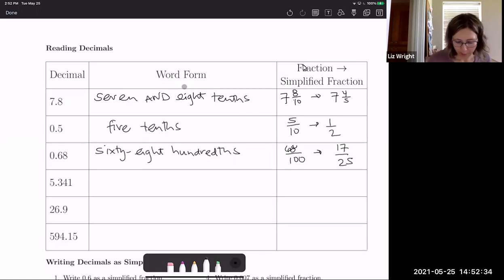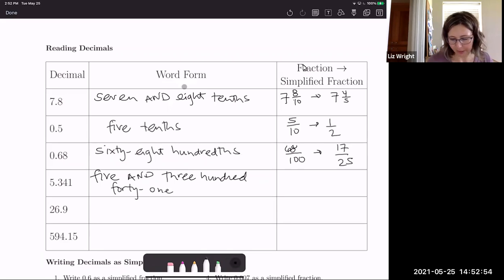All right, then our next one, we should have 5 and 341 thousandths.